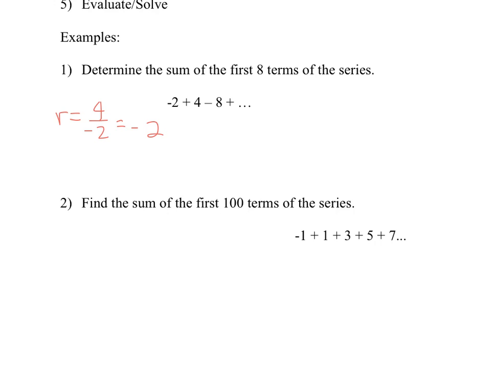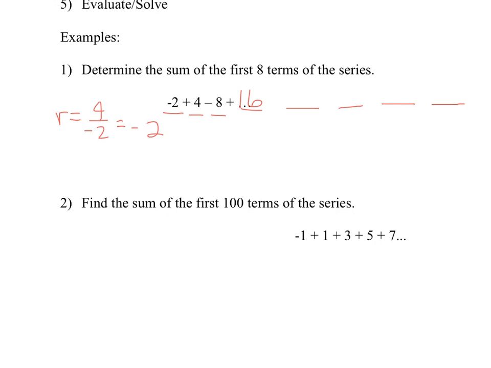And if I want to find the sum of the first 8 terms, there's 3 already. I don't really think I need a formula. What I can do is just, this is 1, 2, 3, 4, 5, 6, 7, 8. Simply add 8 terms together. Just multiply each preceding one by negative 2.